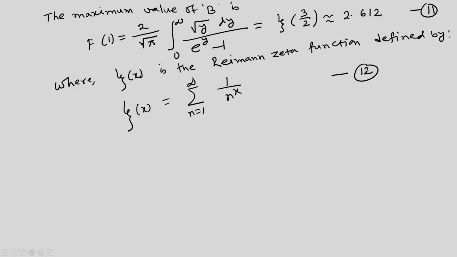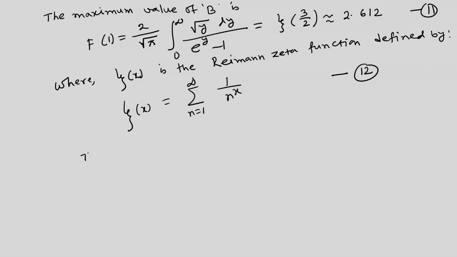So we get the maximum value of Fb, at b equals 1. So, when b equals 1, we get the value of F as 2.612. Suppose this is our equation number 11, and F1 is nothing but zeta 3 by 2, where zeta x is the Riemann zeta function defined by zeta x equals sum n goes from 1 to infinity of 1 by n to the x. So, this is our equation number 12.